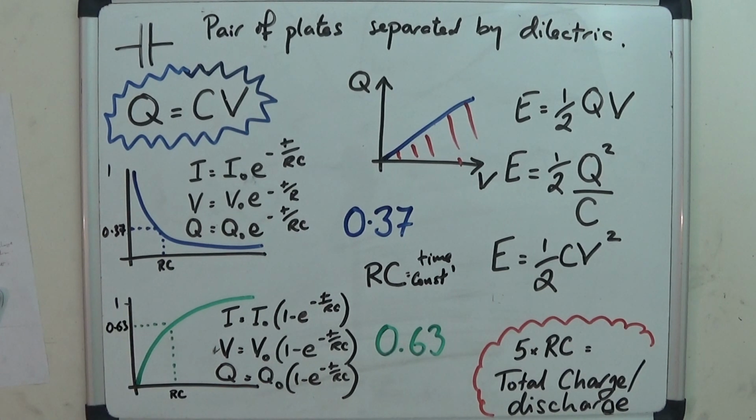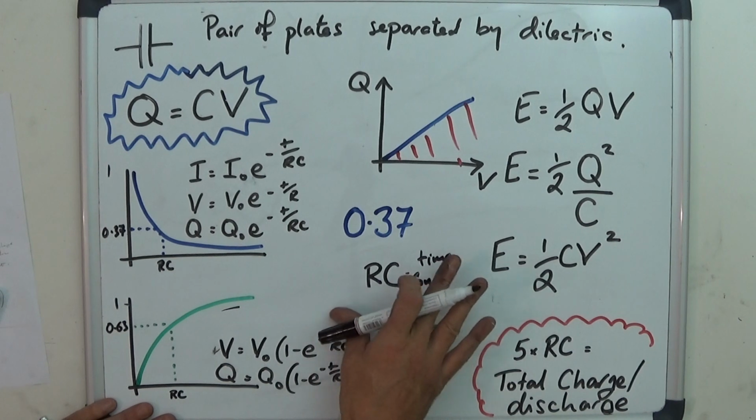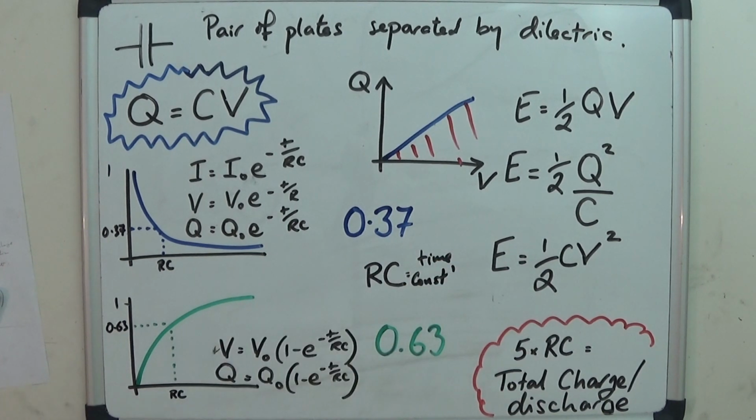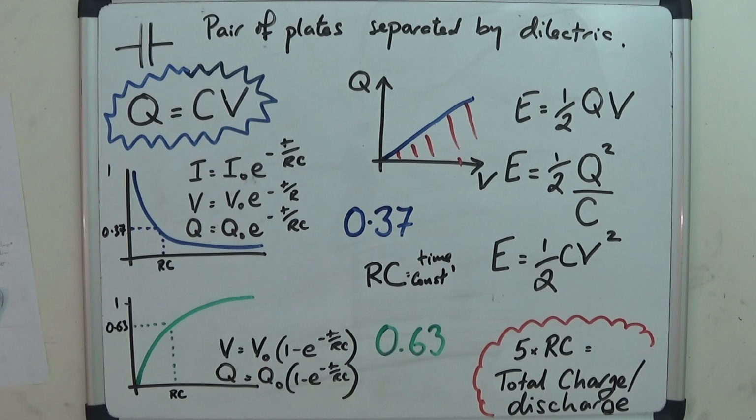Now, as soon as I've looked at this, I've realised this is a load of pants, because the current doesn't go up, the current only goes down. So V will go up to the full value and Q will go up to the full value, but of course the current won't do that at all. That only applies in this situation because it's discharging.